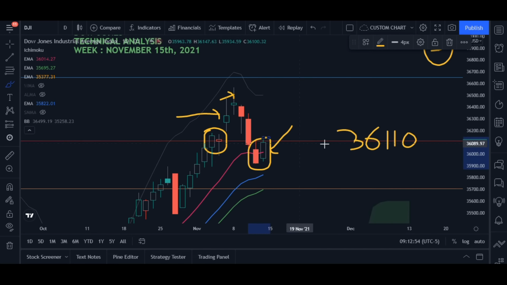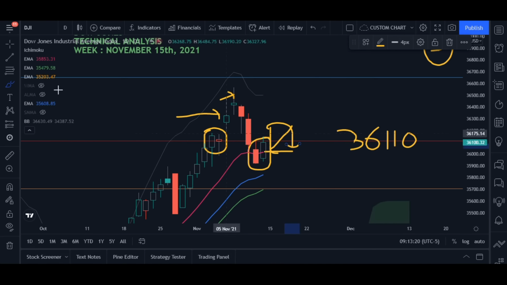Most likely, yes, we can expect a variation of 5 or 10 points. But I am expecting that the market will hold here, or it will try to come down. Even if it tries to move up, it has to come down to hold.